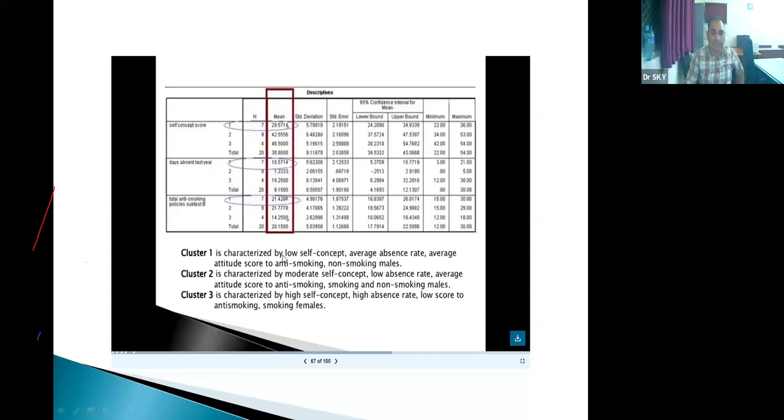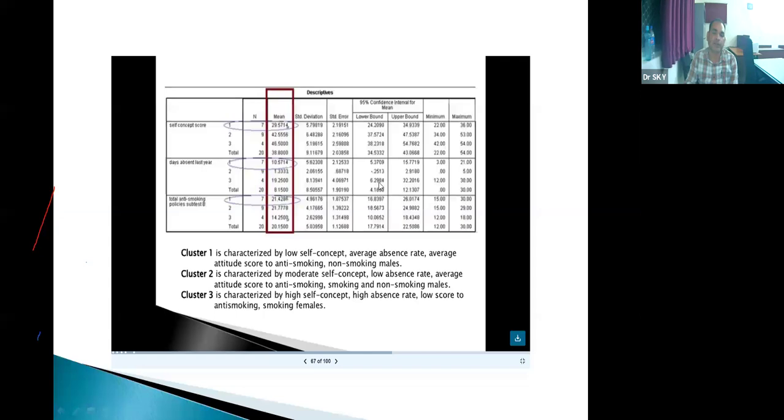Cluster 1 is characterized by low self-concept, average absent rate, and average attitudinal score toward anti-smoking: non-smoking males. These are the characteristics for cluster 1. Cluster 2 is characterized by moderate self-concept, low absent rate, and average attitudinal score toward anti-smoking: smoking and non-smoking males.